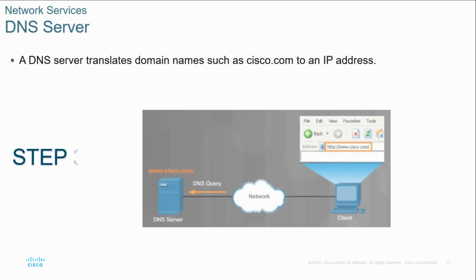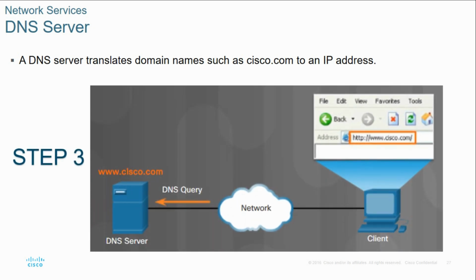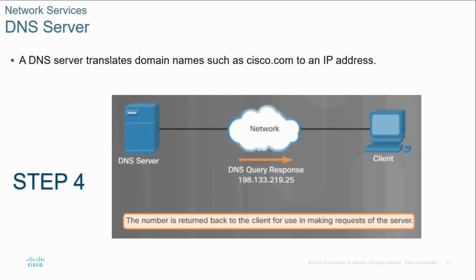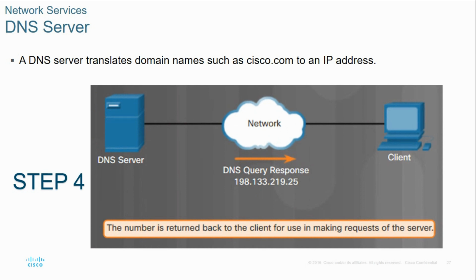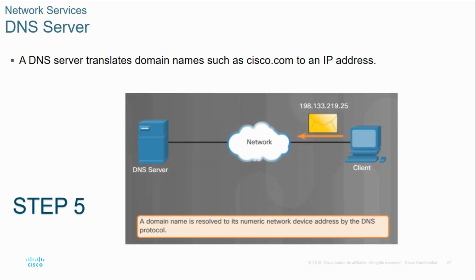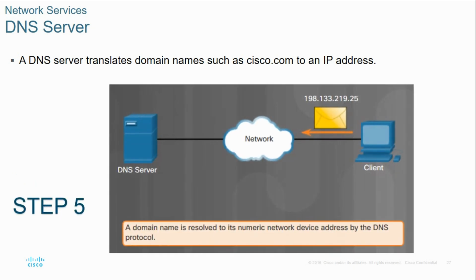In step 3, a DNS query is sent to the server to request for the IP address. In step 4, the DNS server will give the DNS query response which contains the IP address of the website. Finally, the domain name is resolved, meaning it is being verified that the address being typed by the user is correct.